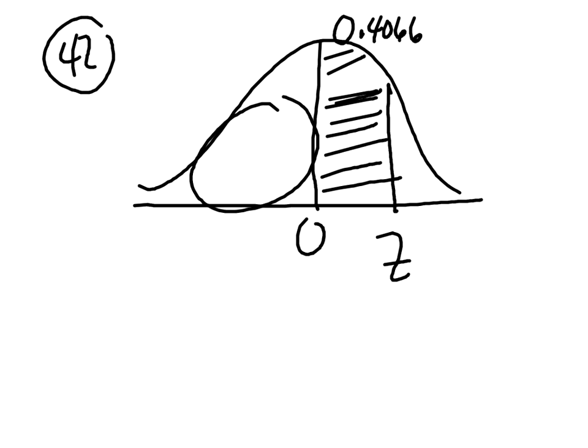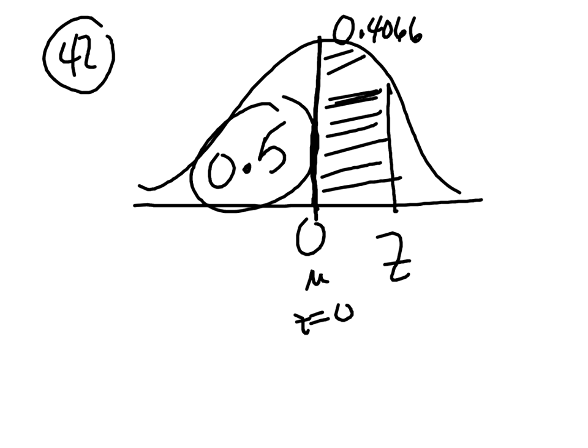And you may recall that where we have the symmetry line there, where our z is equal to 0, or our mean, this area is exactly 0.5.